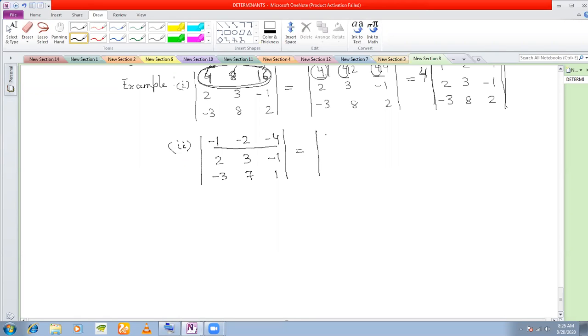The first row is -1 into 1, and this one is -1 into 2, and this one is -1 into 4.